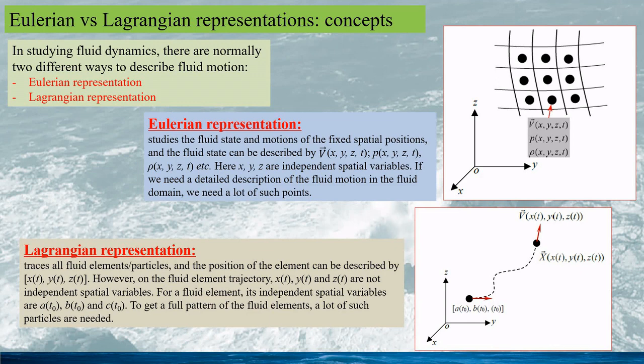In such a representation, the independent spatial variables for the specific particle are its initial position, a(t0), b(t0), and c(t0), or sometimes it is called the particle identity.